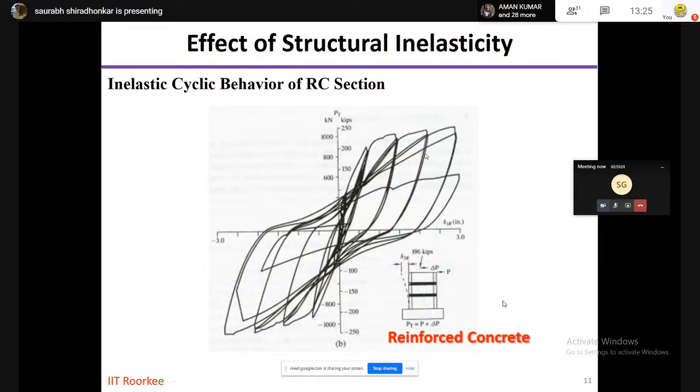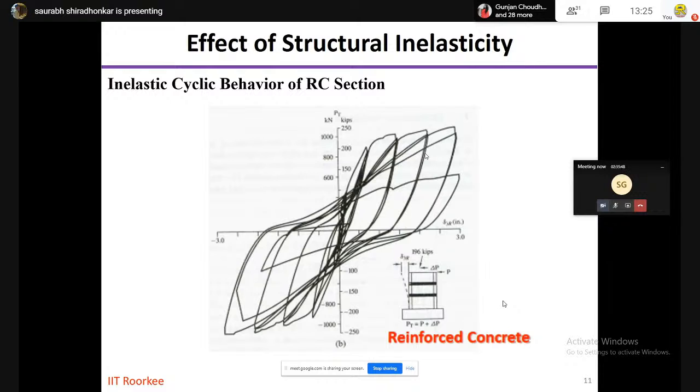So why are these parameters important? Because if you know the ground motion time history of an earthquake, then you can see that it always goes up and down, and then at the end there is no acceleration. So what it means is that earthquake load is a cyclic load, and because of that, the forces which are coming onto the structure and the members are cyclic in nature.